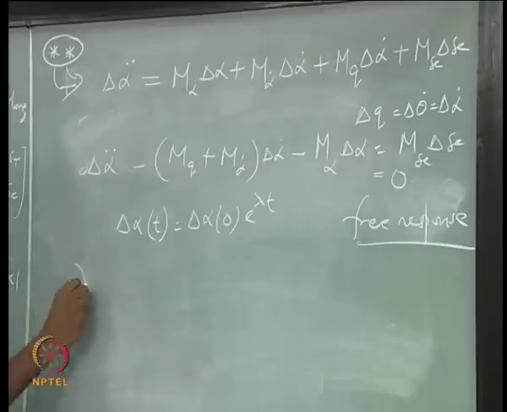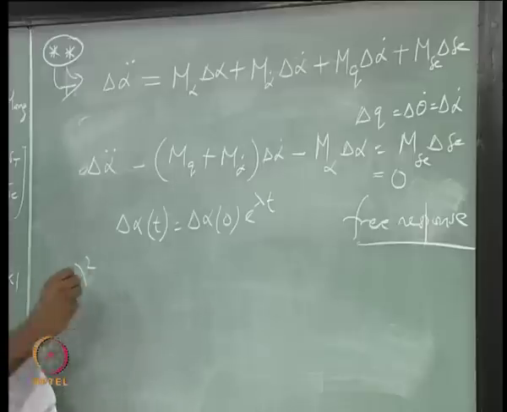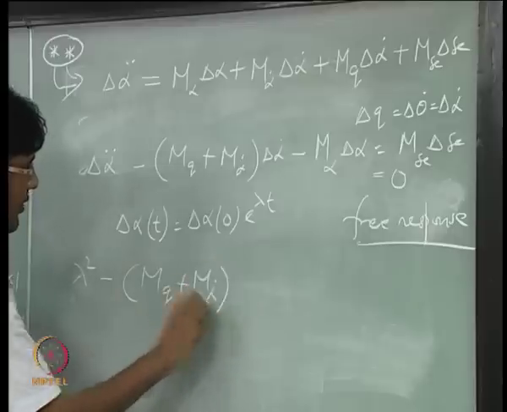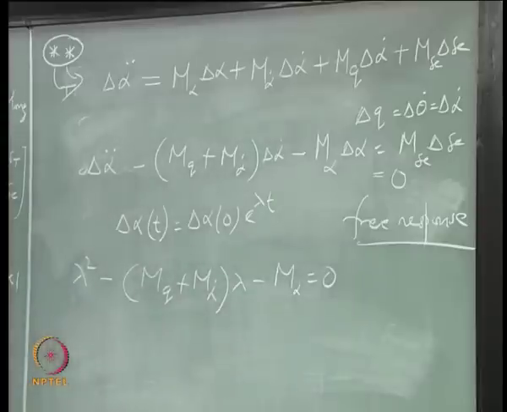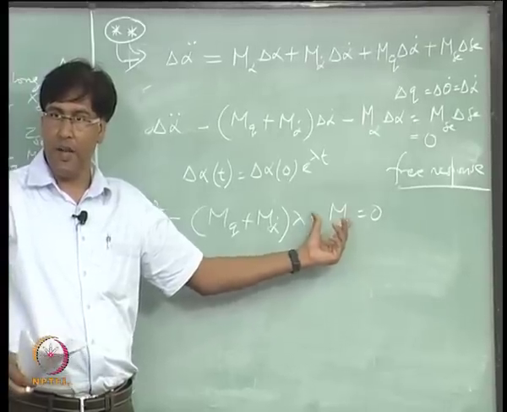What you will arrive at is an eigenvalue problem, an equation which is a second order equation in lambda. The frequency of motion is given by the m alpha term.